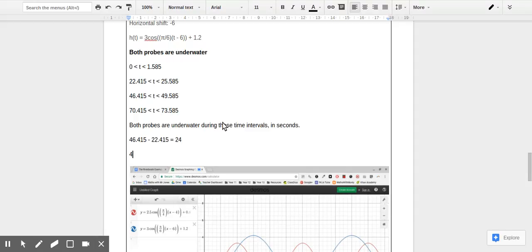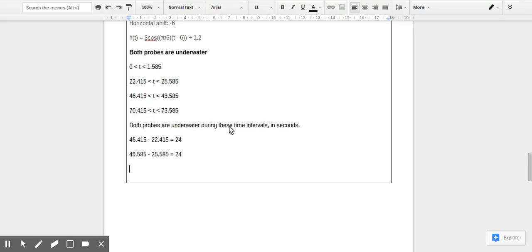And if we go 49.585 minus 25.585, we also see this is equal to 24. We also see that between 70 and 46 is 24, and between 73 and 49 is 24. So what's happening is we've got this pattern of 24.